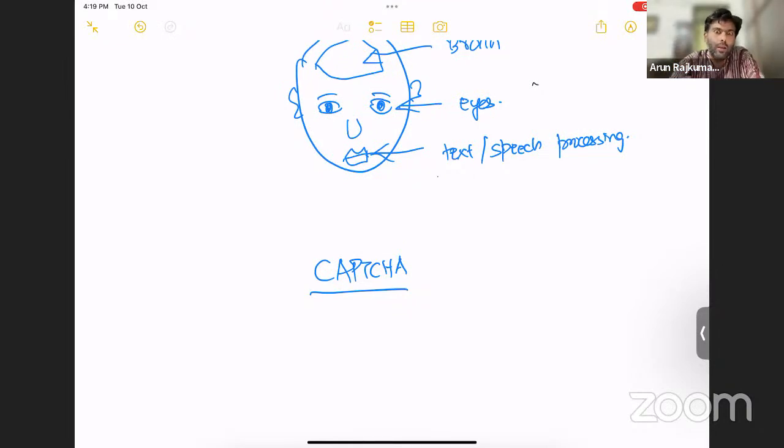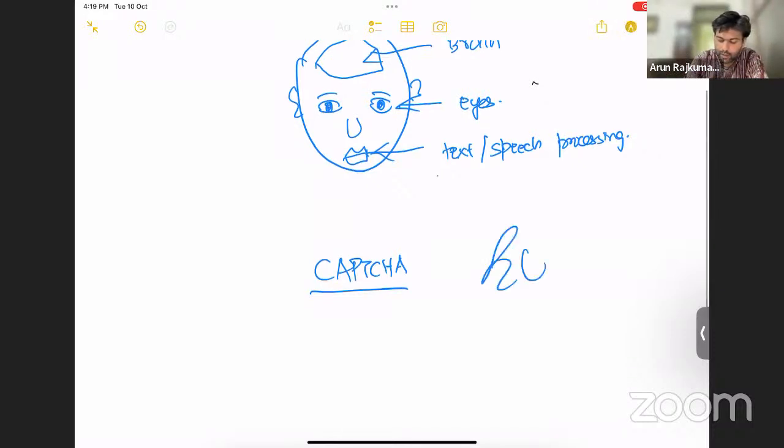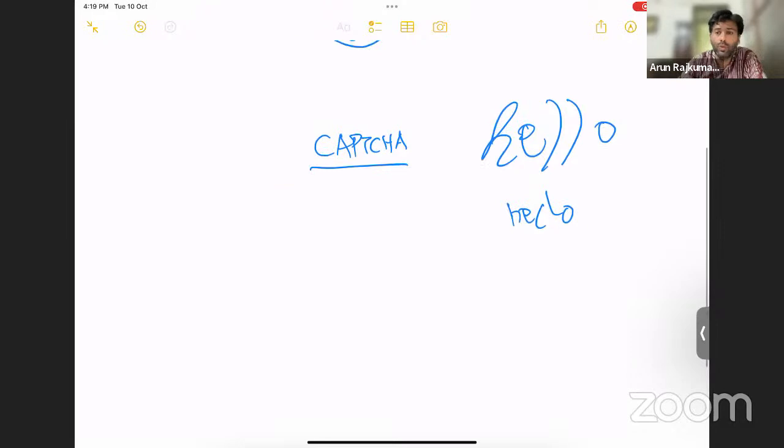Now, it is so easy for human beings, right? Let's say I want to write hello, I might write it like this. This is hello too, or you might find a CAPTCHA that has hello like this. Both of these are CAPTCHAs, and both are very easy for me to process and figure out what I have written.